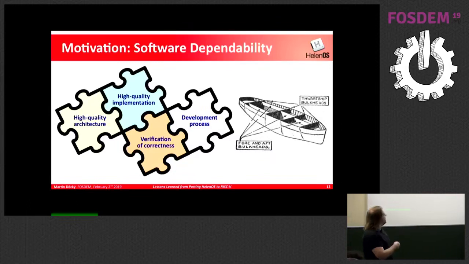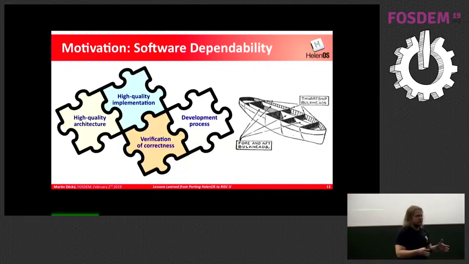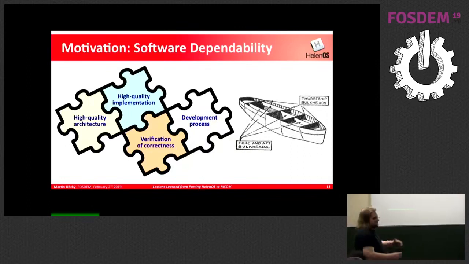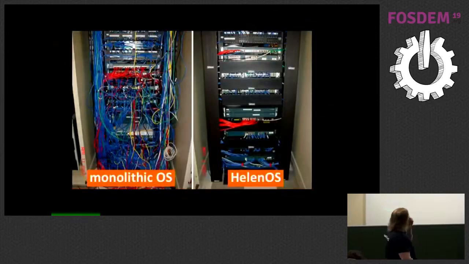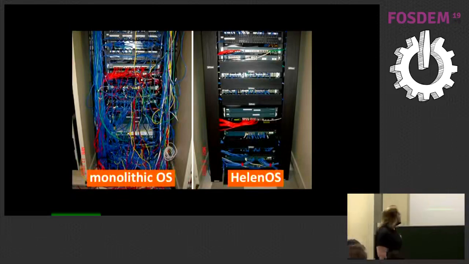You want to have these watertight bulkheads so that it really requires a huge error and a huge iceberg to sink your ship, but not a tiny one. I mean, obviously there is no silver bullet, but you can do things better than just have a monolithic design. This picture summarizes it nicely, I would say.